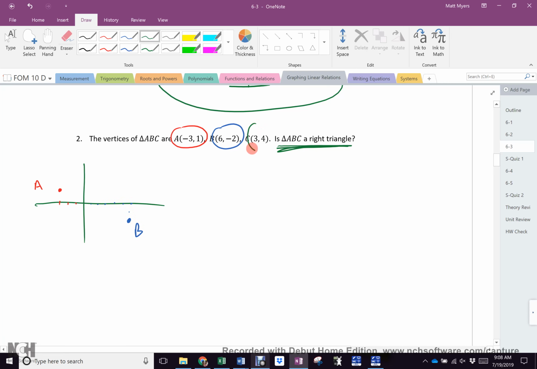And finally C. 1, 2, 3, and up 1, 2, 3, 4. There is C. And then I sketch the graph. Where is the only possibility for 90 degrees? What point? C.